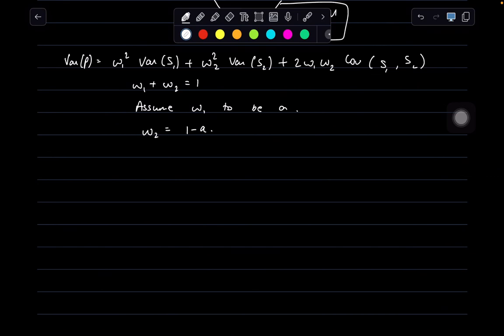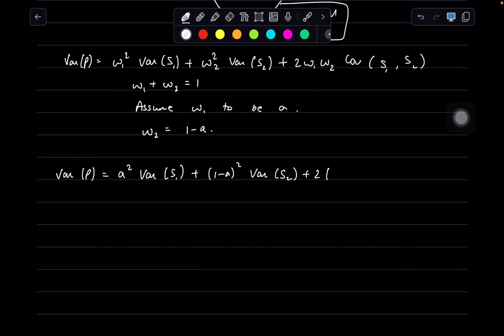Now if I rewrite the equation for my portfolio variance, it's effectively the same thing, just written in terms of W1, which is obviously written in terms of A. So I'm just going to write A, 1 minus A, covariance S1, S2.